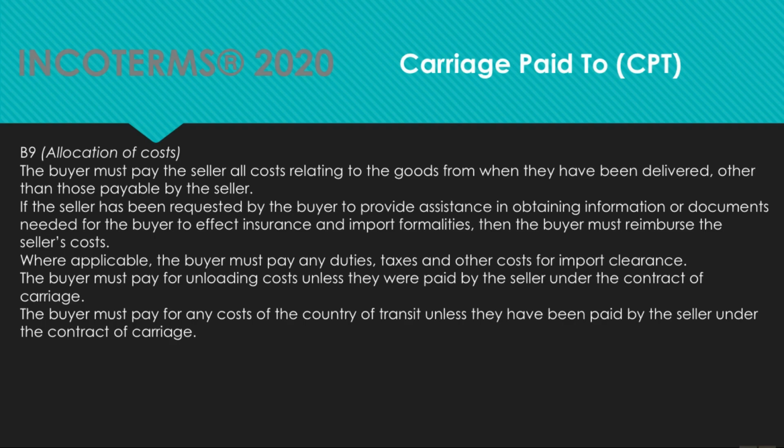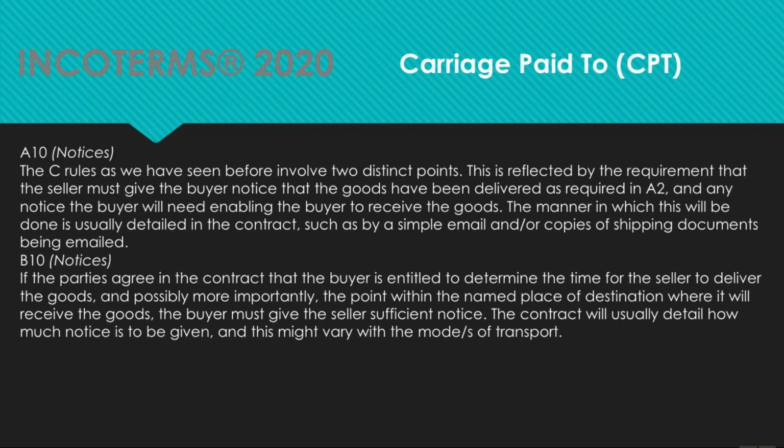Where applicable, the buyer must pay any duties, taxes, and other costs for import clearance. The buyer must pay for unloading costs unless they were paid by the seller under the contract of carriage. The buyer must pay for any cost of the country of transit unless they have been paid by the seller under the contract of carriage.